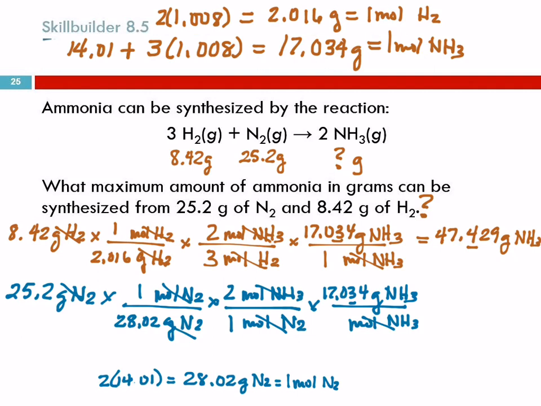25.2 times 1 divided by 28.02 times 2 times 17.034 equals 30.639 grams of ammonia. And again, that would have 3 significant figures.